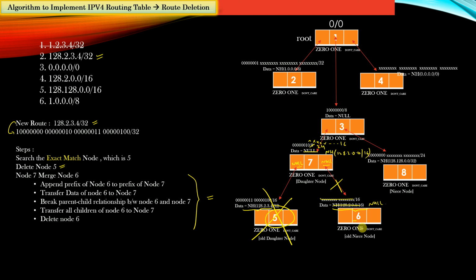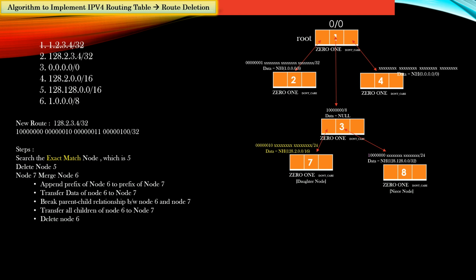In this case, node 6 is a leaf node, therefore there is no need to transfer any children of node 6 to node 7, and finally delete node 6. So the final mTry data structure would be this one. Node number 5 and node number 6 have completely disappeared from this mTry data structure.